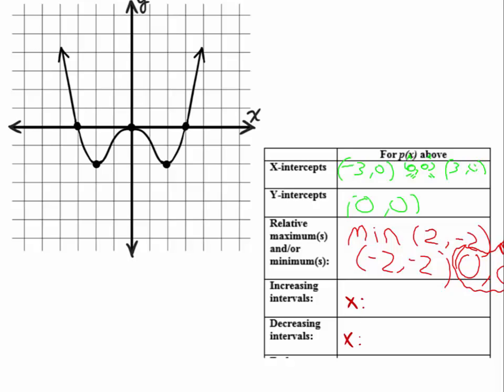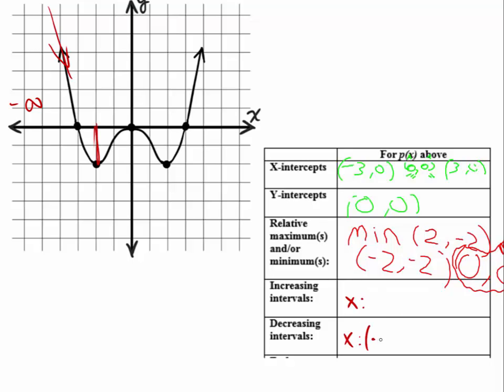Remember, they're intervals, so you need x to say that these are x values. From negative infinity, it appears that we're going down. Even though the arrow is pointing up, you read from left to right. So we're going down, down, down, all the way until this point.